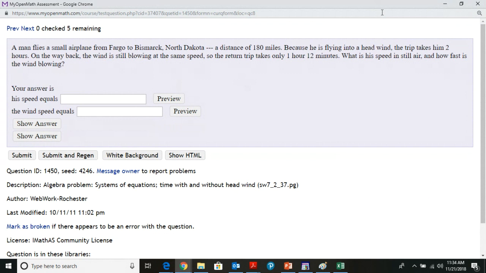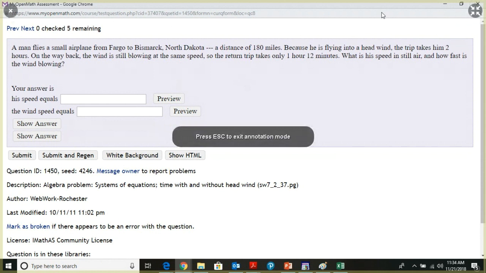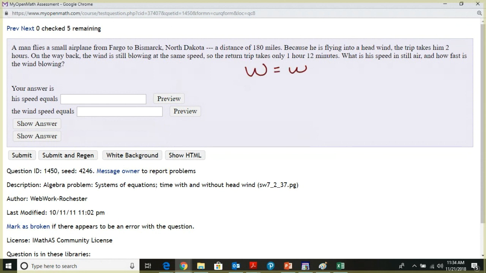On the way back, the wind is still blowing at the same speed, so the return trip takes only 1 hour and 12 minutes. What is his speed in still air and how fast is the wind blowing? So we have two unknowns here. How about W for the wind speed?